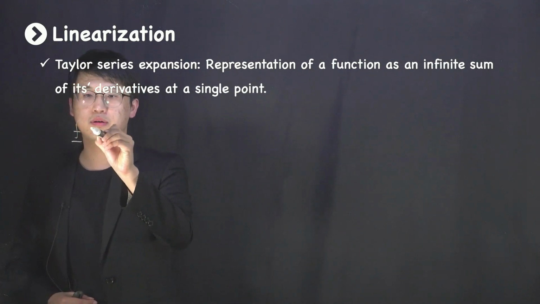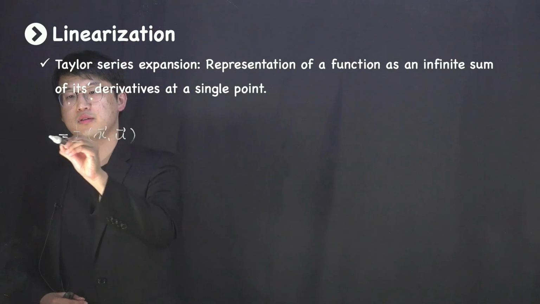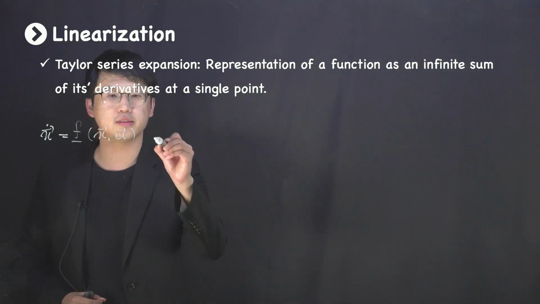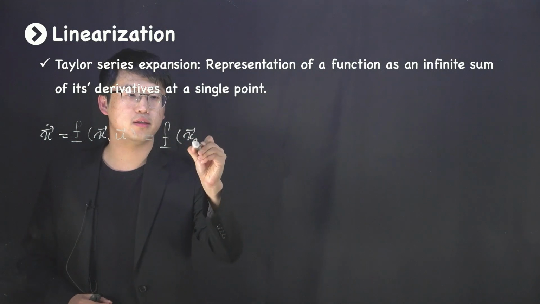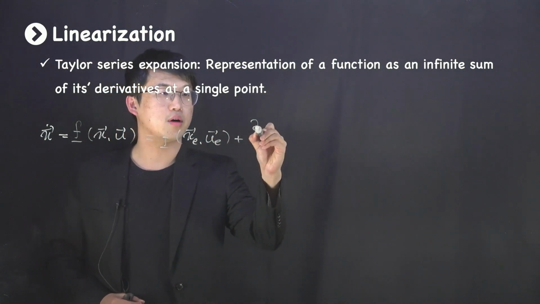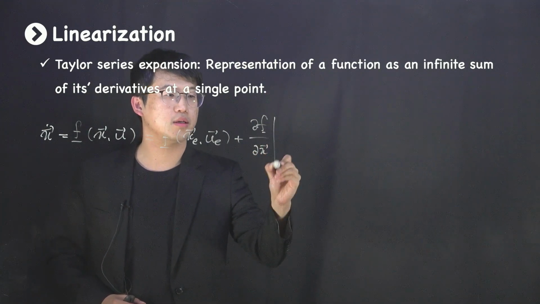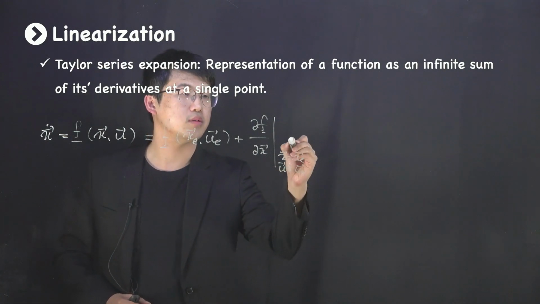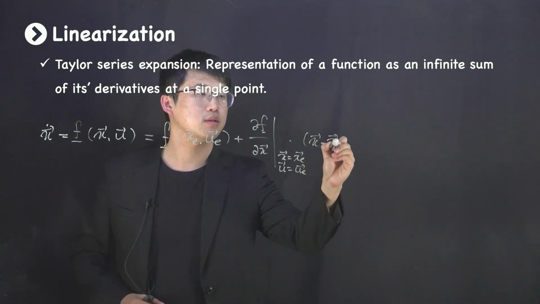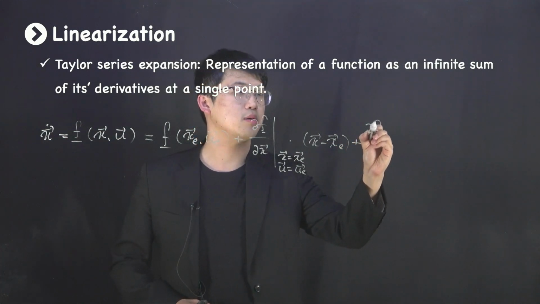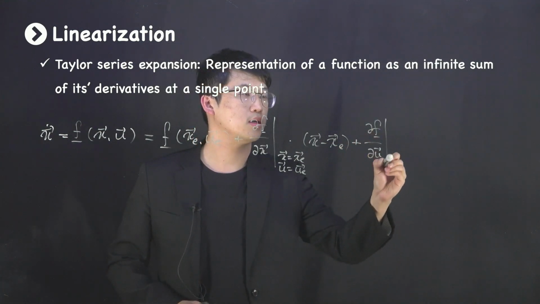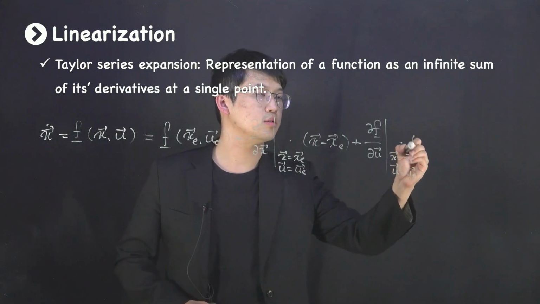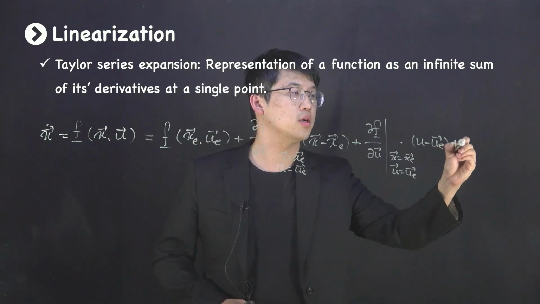Any function f, in our case x dot, can be expanded up to the first derivatives, such as f(xe, ue) plus partial f partial x at x equals xe, u equals ue times x minus xe, plus partial f partial u at x equals xe, u equals ue times u minus ue, plus higher order terms.